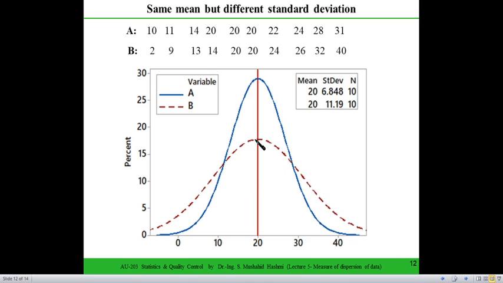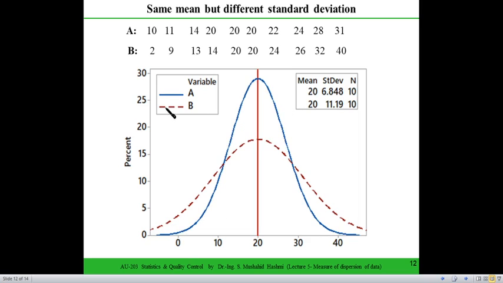So data set A, which is blue in color, has the lower standard deviation, and 11.19 is a bigger number, which is true for the B data set, sorry, and 6.84 is the smaller number, which is for the blue A data set.